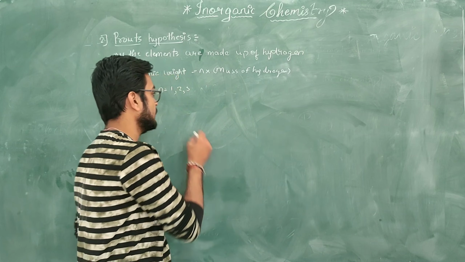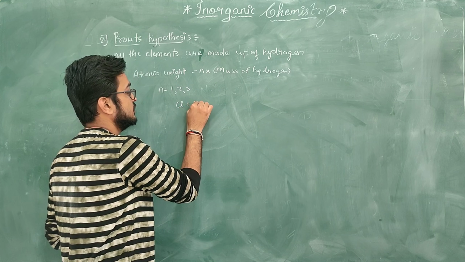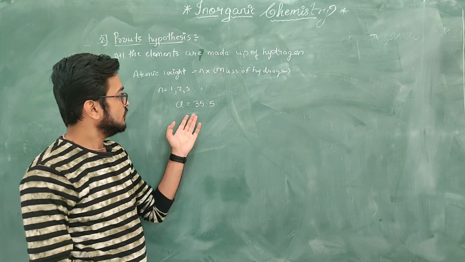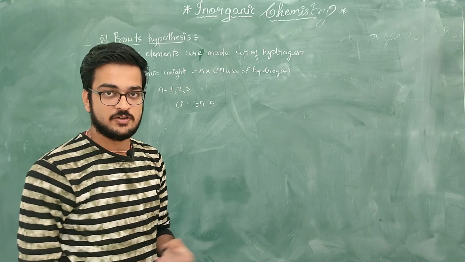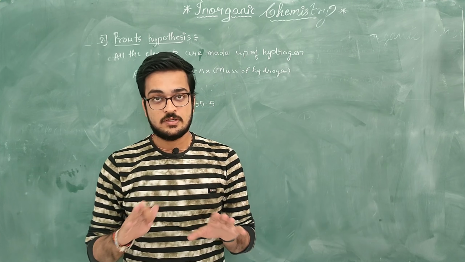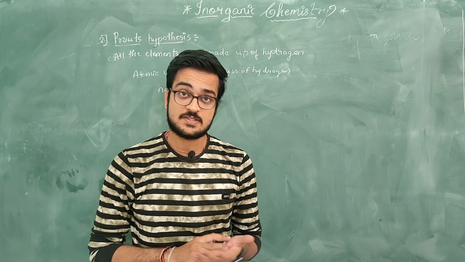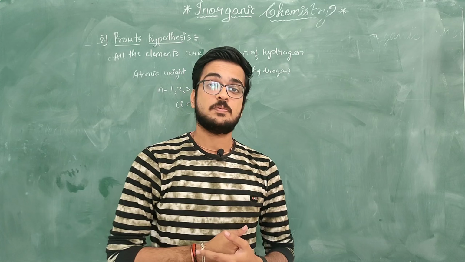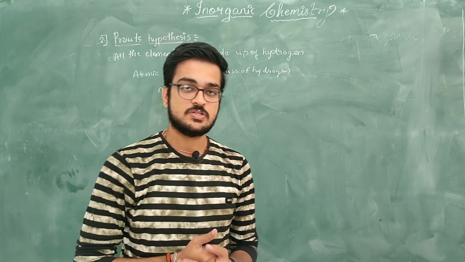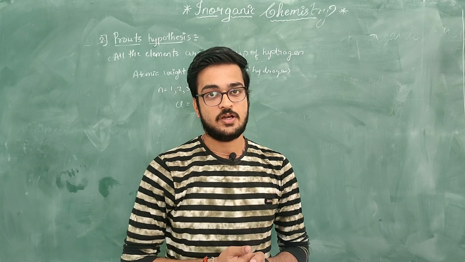Like chlorine, its atomic weight is 35.5. Obviously you cannot find this through this formula. So again his law was disobeyed and not accepted by the people, since some elements were not obeying it, so obviously his law is not the correct one.